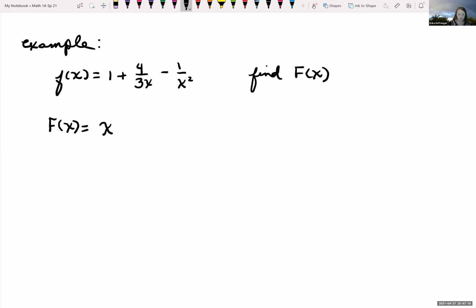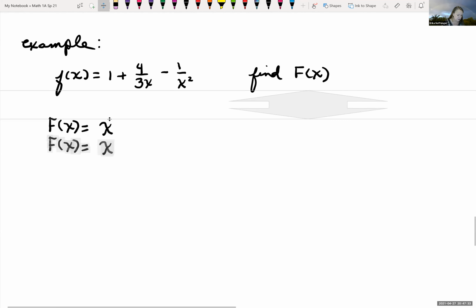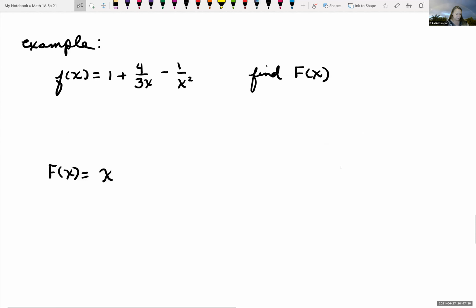This is where we need to be a little bit careful. And maybe let's rewrite this function a little bit. So f of x equals 1 plus 4/3 times 1/x minus x to the -2.